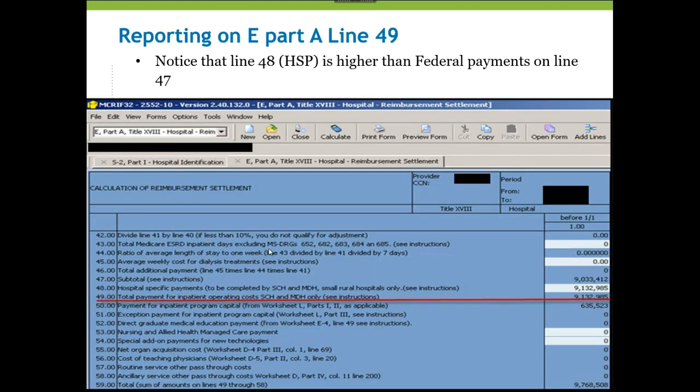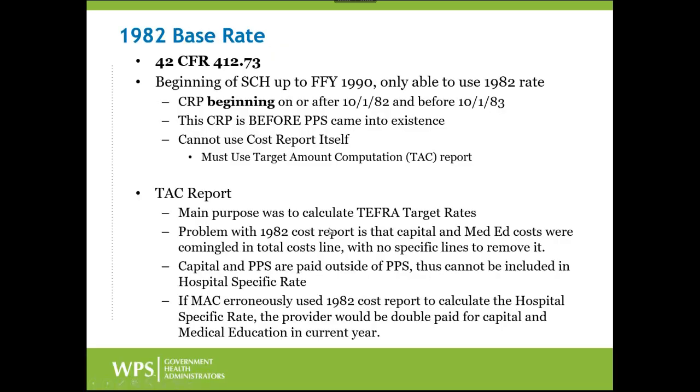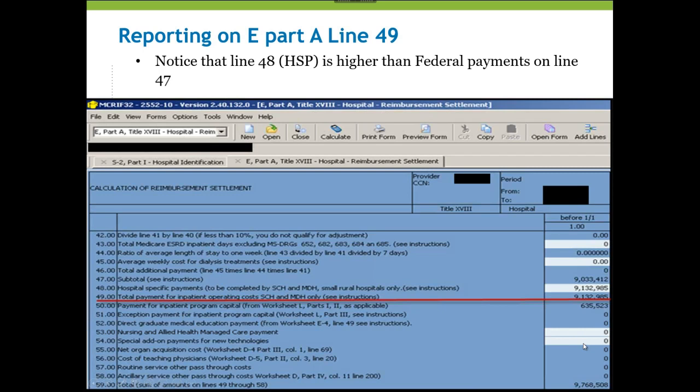If we go back just right here to this slide, remember DGME and even capital, those are paid outside of the normal base PPS payments. So if we were to use a 1982 cost report that had costs including capital and medical education, we would be double paying for those items because they would also be added on here.